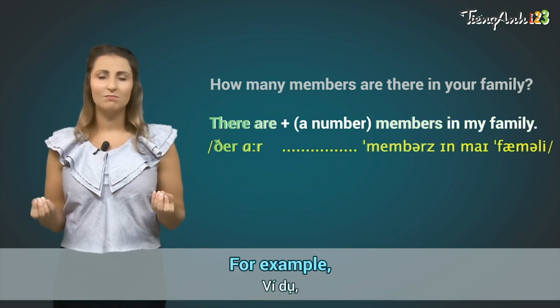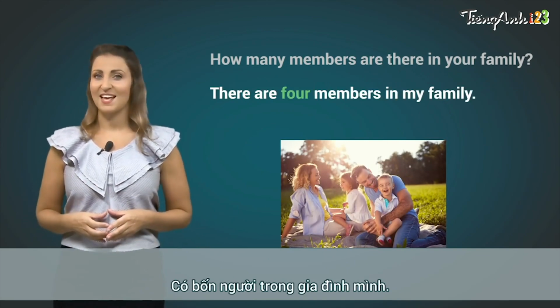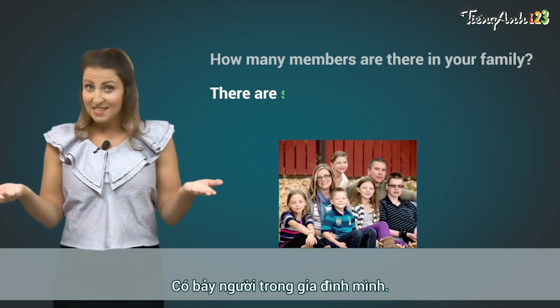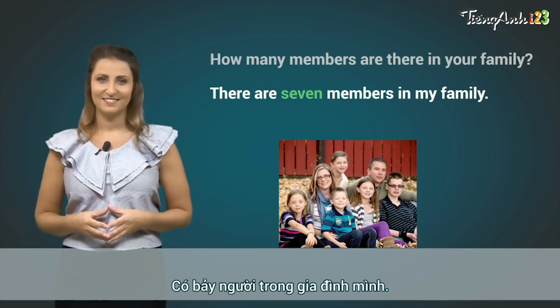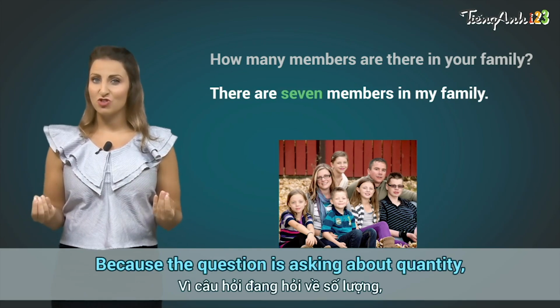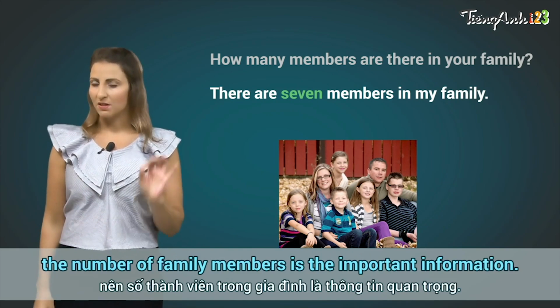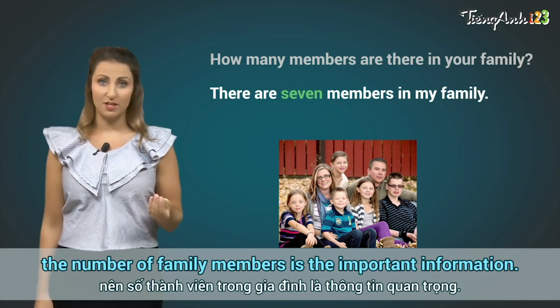For example, there are 4 members in my family. There are 7 members in my family. Because the question is asking about quantity, the number of family members is the important information.